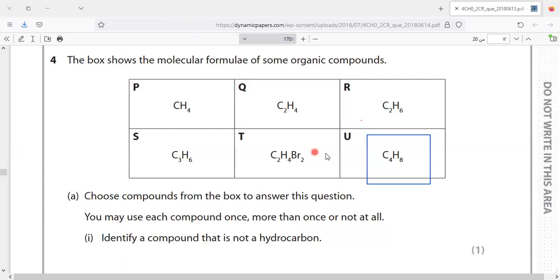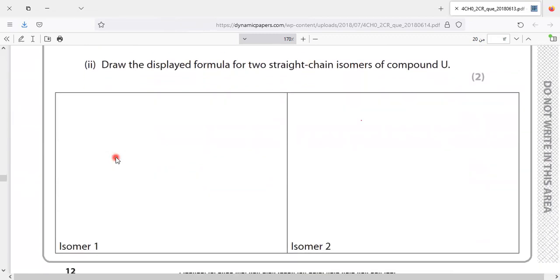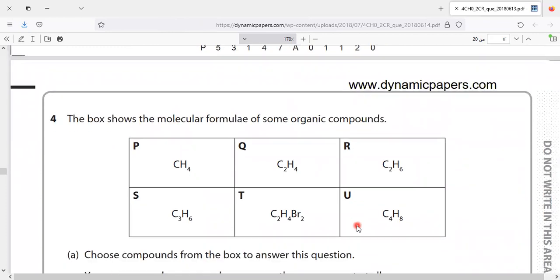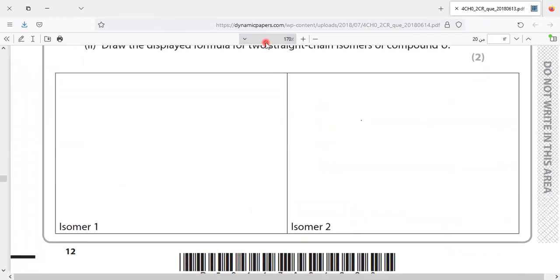Muhammad, look. Is this an alkane or an alkene? C4H8. Alkene, because CnH2n. As you know, it is very easy to draw isomers of an alkene. Just change the position of the double bond. C4H8.